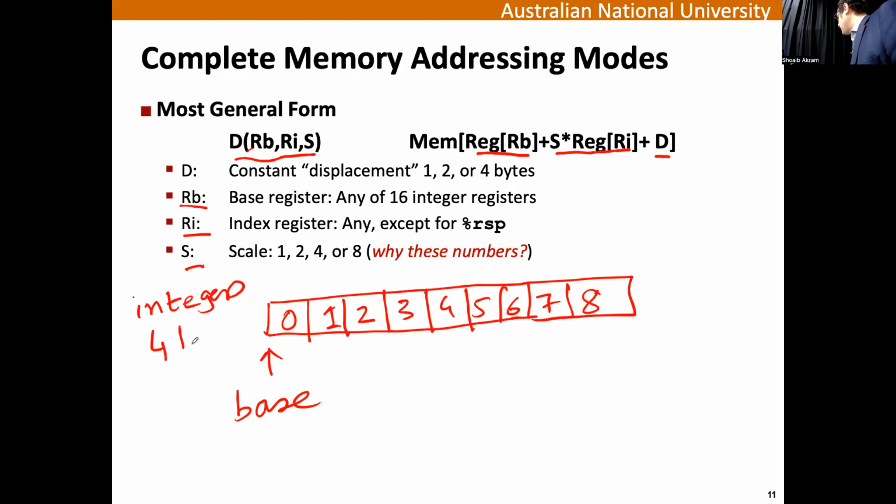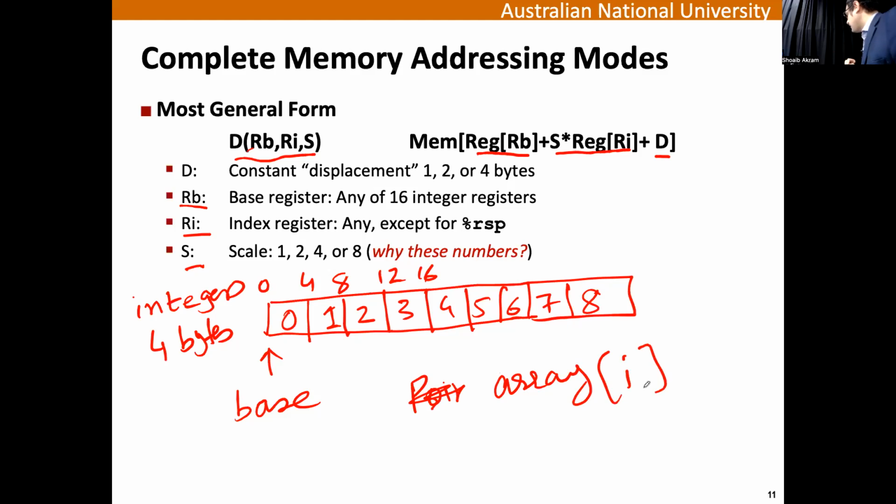An integer is 4 bytes. So the byte addresses are 0, 4, 8, 12, 16, right? So say I have a base address, and this array is called array, and I want to access array I. How can I do that?